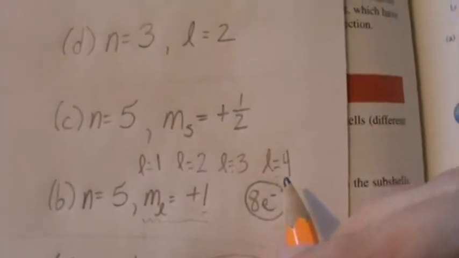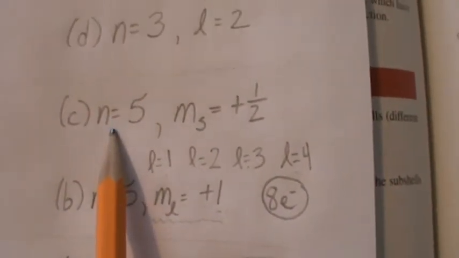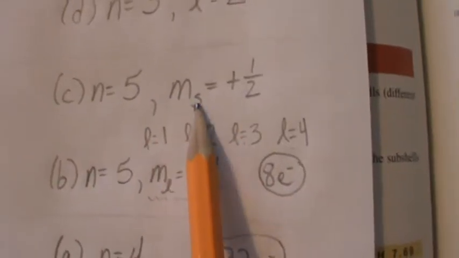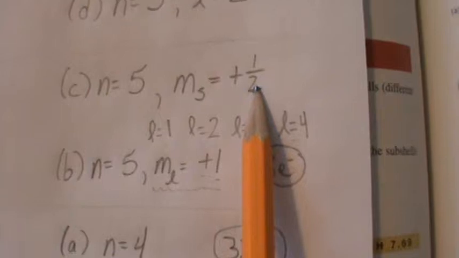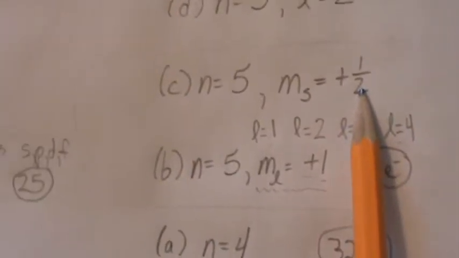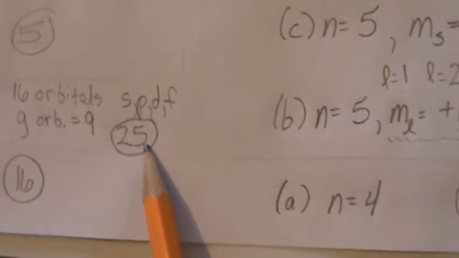Okay, now we go up here, so we're still in the n is equal to 5 energy level, but now we have m sub s equal to plus 1/2. Okay, so the reason that these are linked is because each orbital here contains 2 electrons.